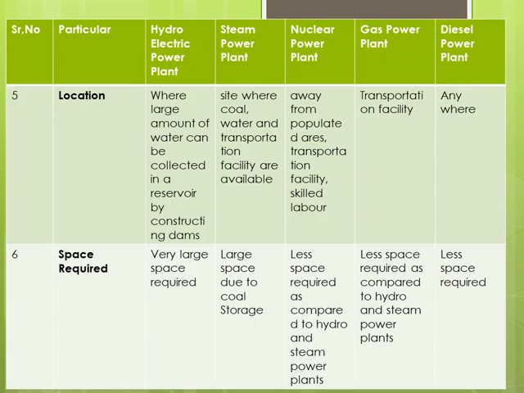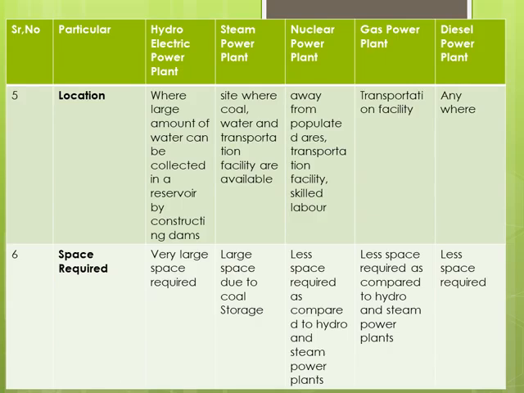Then space required. For hydroelectric power plants, very large space is required for the construction of dams. Then for steam, large space due to coal storage. Nuclear power plant, less space required as compared to hydro and steam power plants. Same is the case with gas power plants.